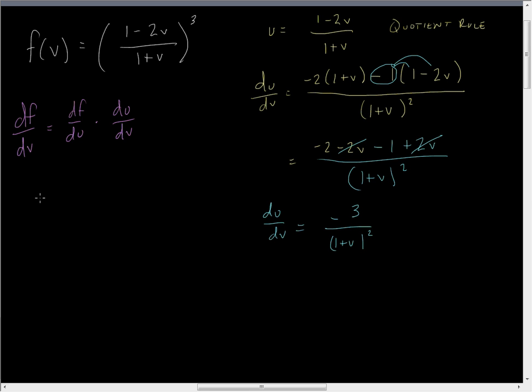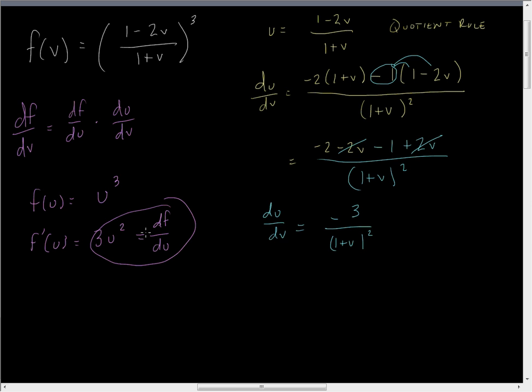And so instead of f of v, we have f of u equal to u cubed, which means that f prime of u is equal to 3u squared, according to our power rule. Or perhaps in proper notation, since we're using the original style of the chain rule, this is df/du. Okay, so df/du is 3u squared.